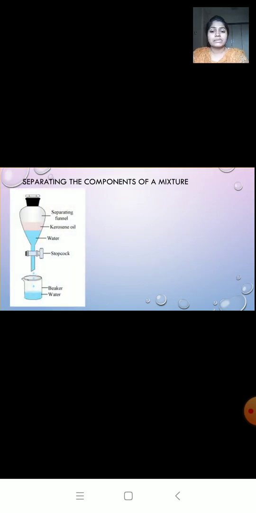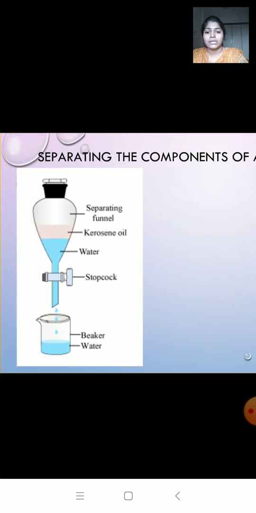Now this is how a separating funnel looks like. In the separating funnel, we have a stopcock, or you can say tap. First I have a mixture of kerosene oil and water. They are immiscible. So we will take the mixture of kerosene oil and water in a separating funnel.